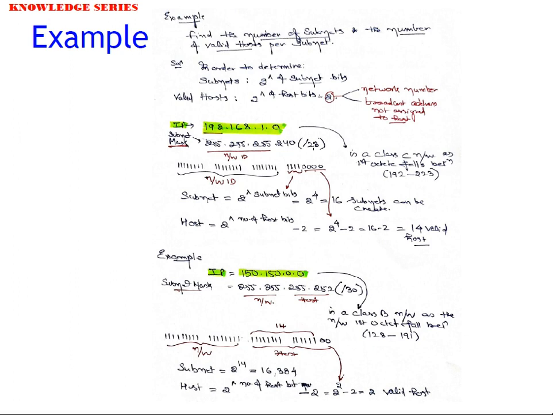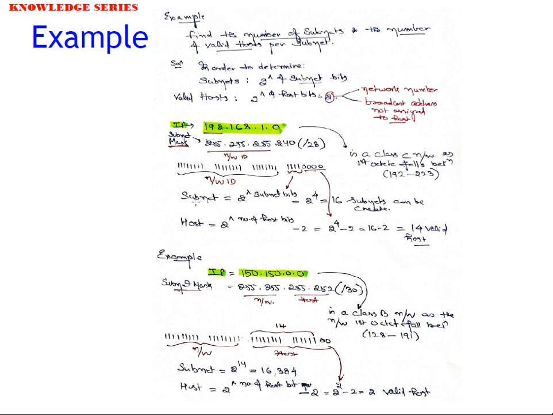Since it shows 4 bits, those 4 bits are considered as 0, and that 4 bits is used for finding the address. So when you do the masking for this case, the number of subnets is 2 to the power of 4, which is 16 subnets being created.